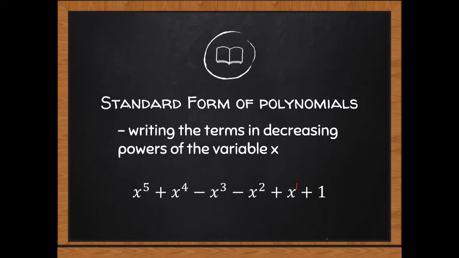As you can see, 5, 4, 3, 2, 1. They are in decreasing. And these are the exponents or the powers of the variable x. So in this case, ito pong polynomial na to ay in its standard form.